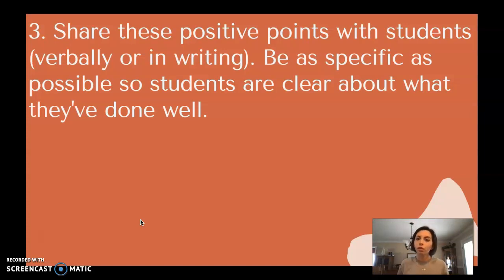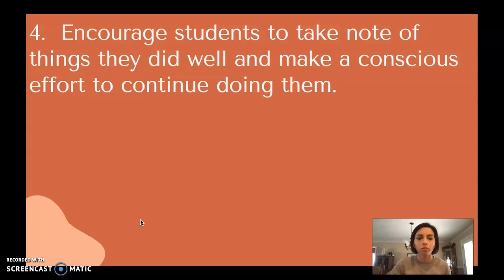Writing them a note, telling them what they've done well, pulling them aside, talking to them, being specific and clear on what you're saying is important, because you do not need to assume that they are understanding all that you're saying, because then you're wasting both of your time trying to discuss something that the student is not getting. So definitely being intentional and making sure you know how to reach that student in an appropriate language is important so that we can see growth.